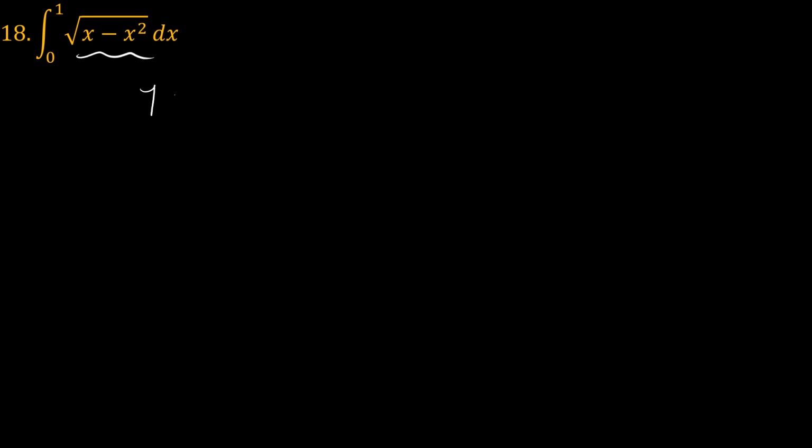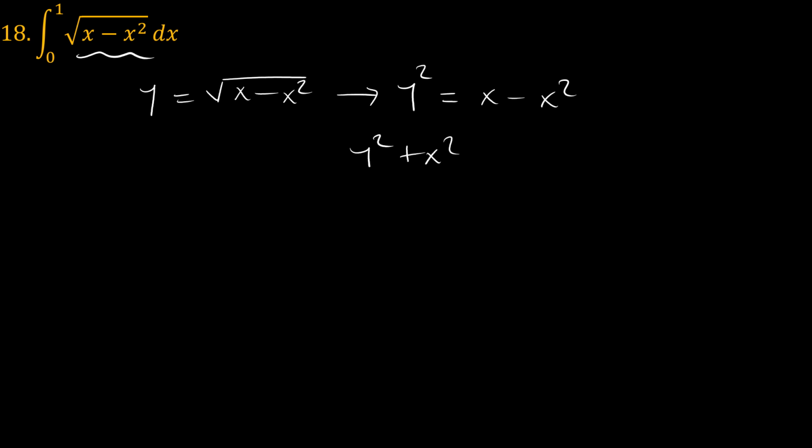If we say y is equal to the square root of x minus x squared, that means that y squared should be equal to x minus x squared. So y squared plus x squared minus x equals 0. So y squared plus (x minus a half) squared minus a quarter equals 0.